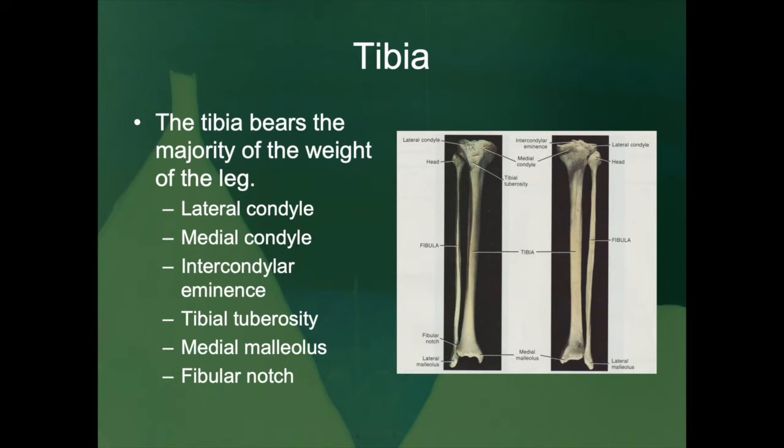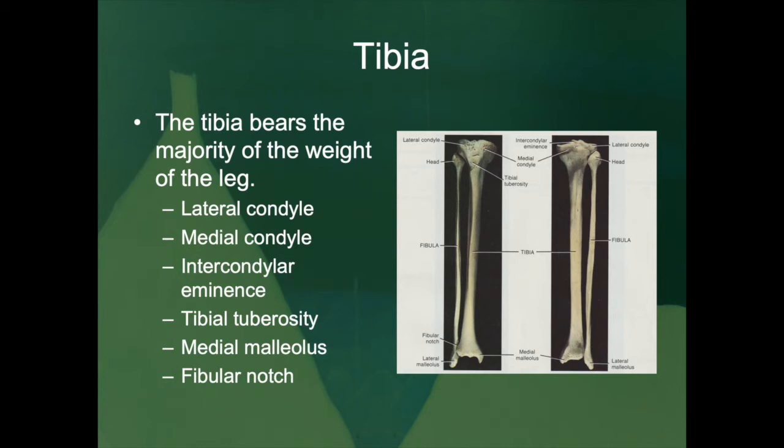The tibia articulates at its proximal end with the femur and the fibula. At its distal end, we have the articulation with the fibula again, and then an articulation with the talus bone of the ankle, and we'll be looking at that in our next lecture. In terms of landmarks, the proximal end of the tibia is expanded into a lateral and medial condyle.